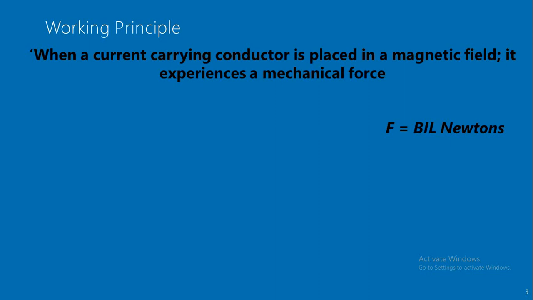The direction of the mechanical force is given by Fleming's left hand thumb rule. As we all know, Fleming's left hand rule states that by keeping the forefinger, the middle finger, and the thumb perpendicular to each other, the thumb represents the direction of force, the forefinger represents the direction of magnetic field, and the middle finger gives the direction of current, that is the induced current.